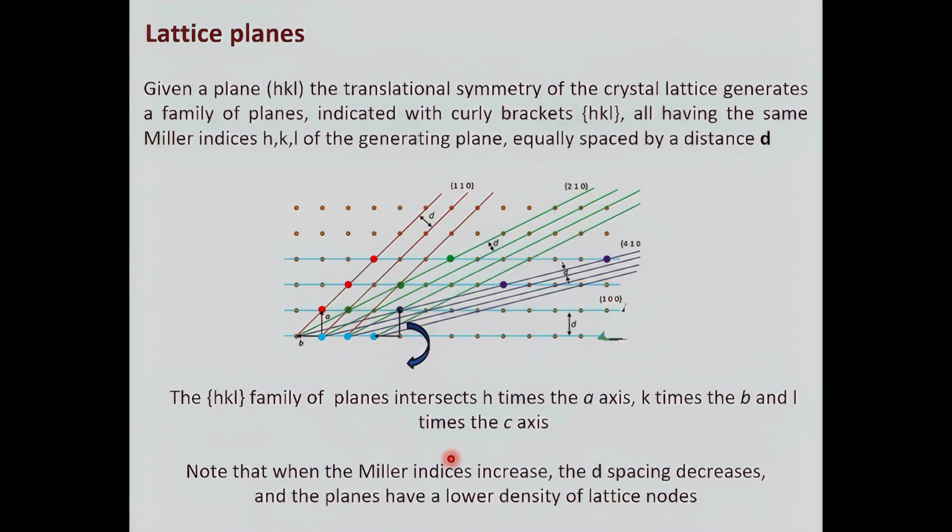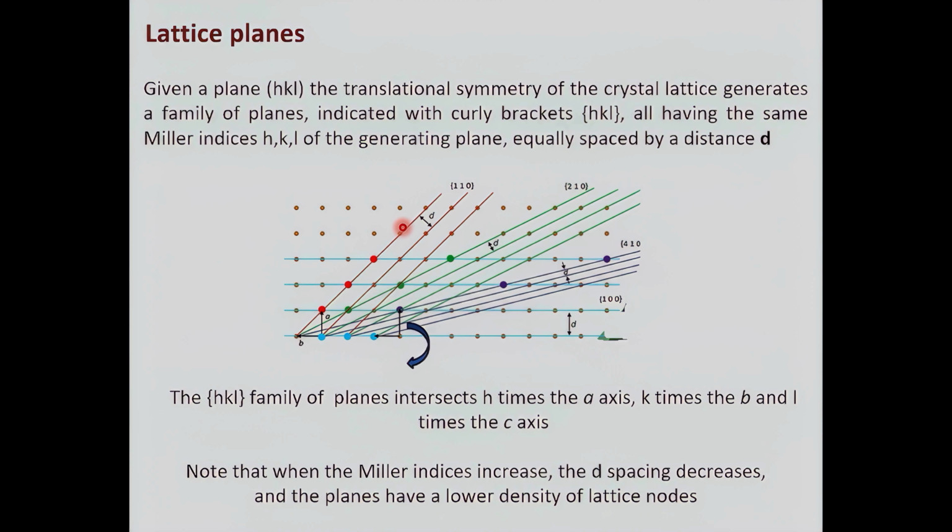But we can go on from this, and we can say that starting from one plane that you have defined, this red one, that is light blue or green, you generate with the same Miller indices all the parallel planes to obtain the so-called family of planes. The family of planes is represented by curly brackets, and inside also we put HKL.